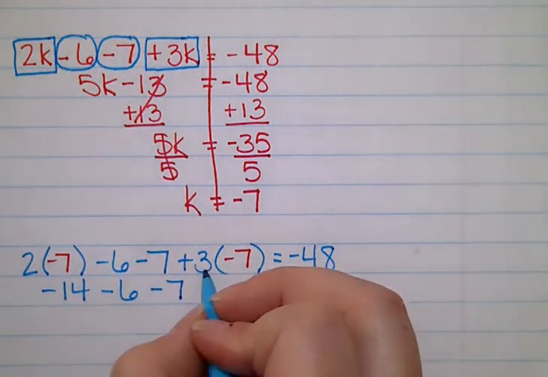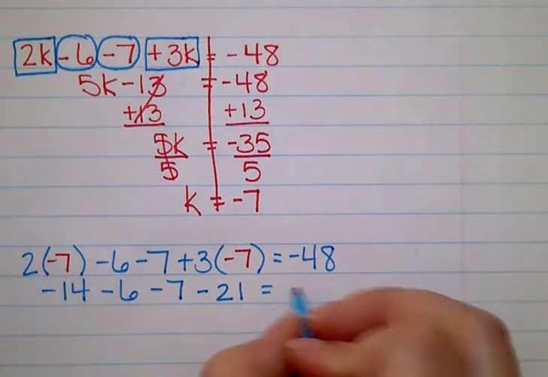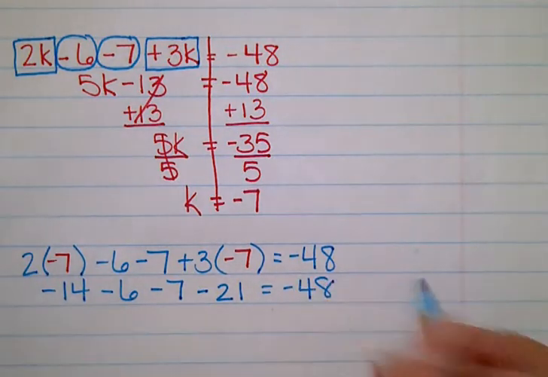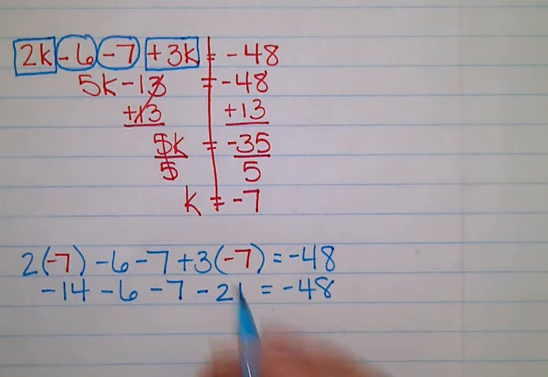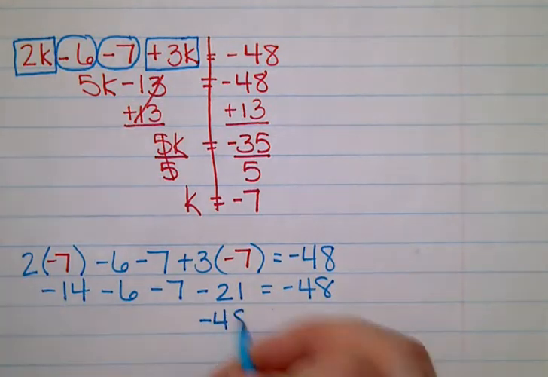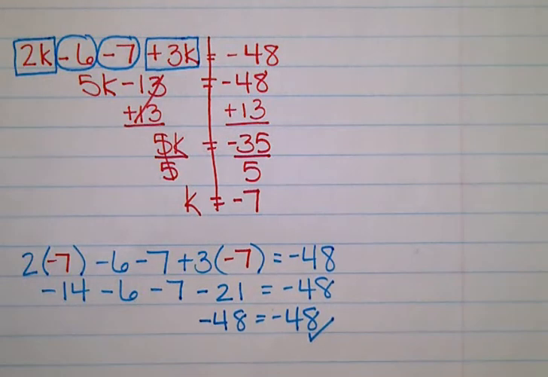Positive 3 times a negative 7 is a negative 21 equals negative 48. So negative 14 minus 6 is a negative 20. Minus 7 is a negative 27. Minus 21 is a negative 48. Because both sides match, we know that we got that correct.